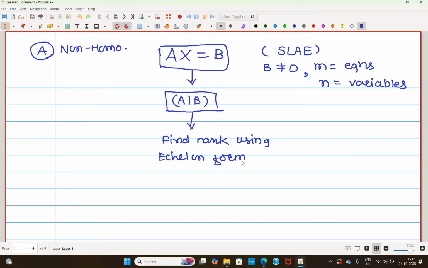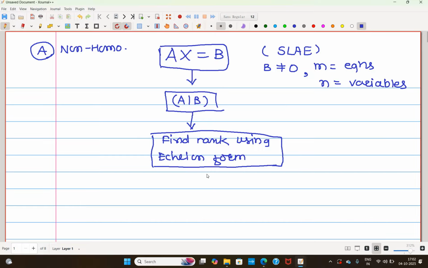Now, in your syllabus, it is simply given as the solution of linear systems. So that involves a lot of methods: Gauss elimination method, Gauss-Jordan method, then sometimes the power method as well, and further this matrix method. So we are focusing on the matrix method, which is very similar to the Gauss elimination method, and with echelon form we are applying that particular format in a slightly different way.